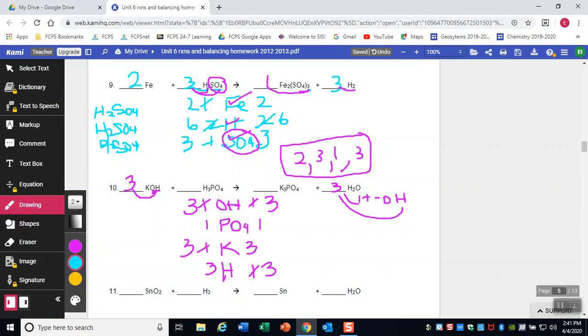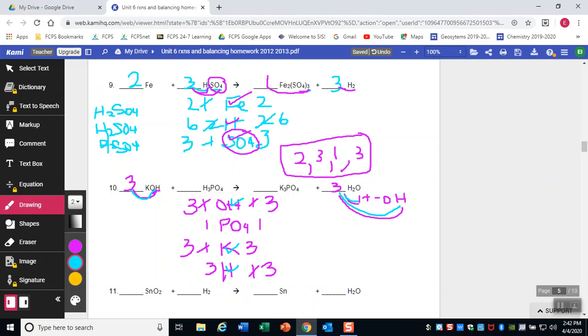3 potassium, 3 potassium. So that's good. 3 hydroxide and 3 hydroxide. And then now I've got 3 hydrogen and 3 hydrogen.